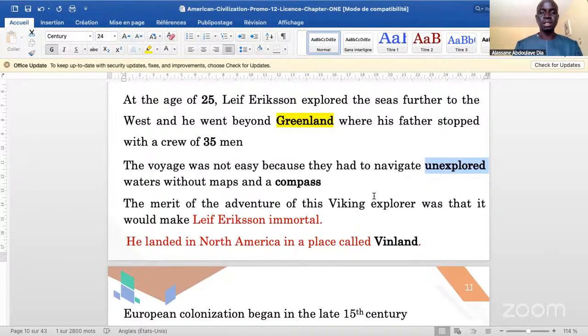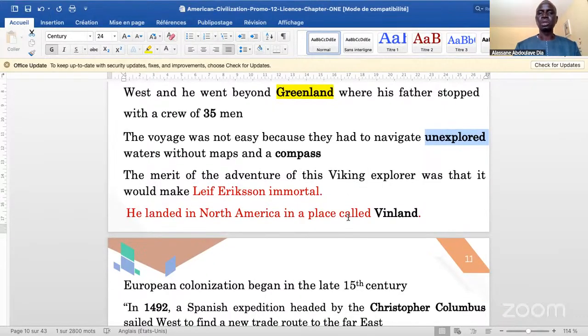And he did it. So what is the merit of this Viking explorer? He too will become a great Viking explorer, more known than his father. Why? Because Leif Erikson became immortal. Why did he become immortal? He landed in North America.